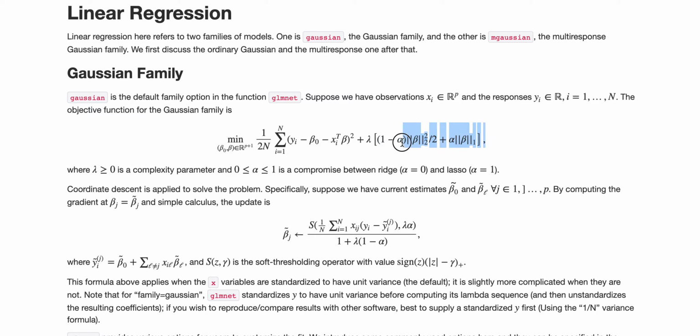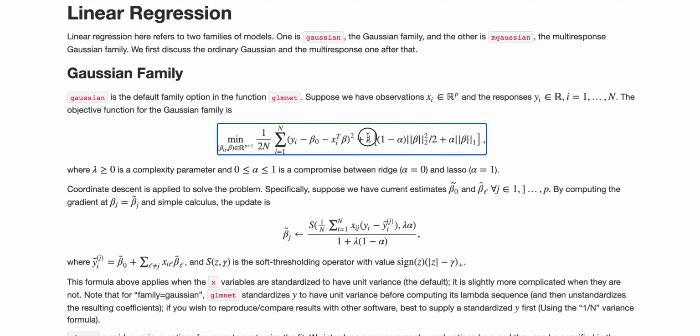This is the elastic net problem, where we have a lambda and we have an alpha. The alpha determines whether we are close to ridge or lasso. So for alpha equal 0, we are doing ridge regression.